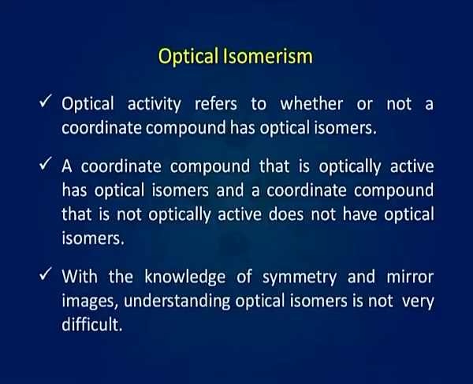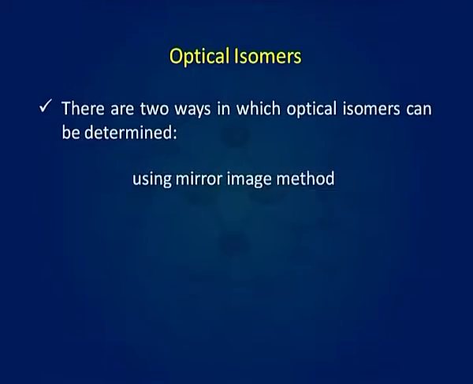With the knowledge of symmetry and mirror images, understanding optical isomers is not very difficult. There are two ways in which optical isomers can be determined: using the mirror image method or using the plane of symmetry method. Let's go through a quick review of symmetry and mirror images.